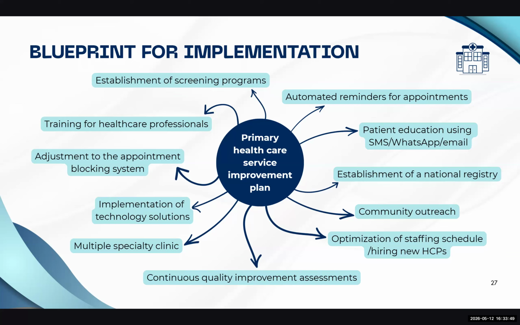Training for healthcare professionals, at a consistently high level, will allow for continuity of care. We implement that already with protocols, but we certainly have to educate the practitioners so that patients get consistently good medical care.